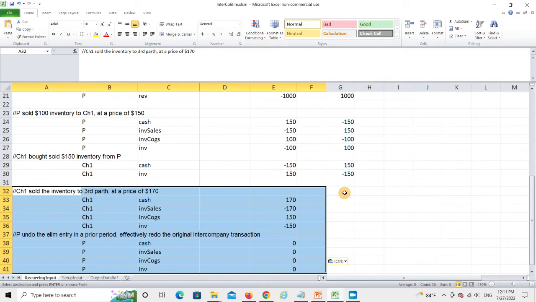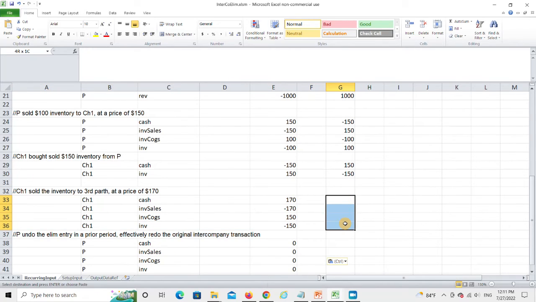Now, because the inventory had gone through the intercompany transactions, and that inventory is now completely out of the group, the elimination entry needs to undo the previous quarter's eliminations. So let's see what those elimination entries would be.